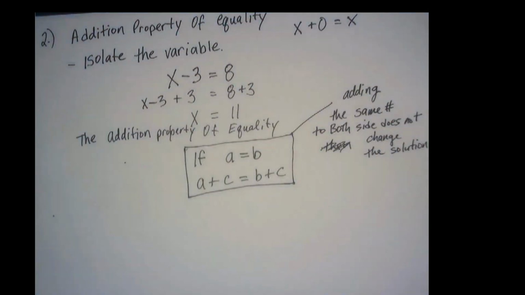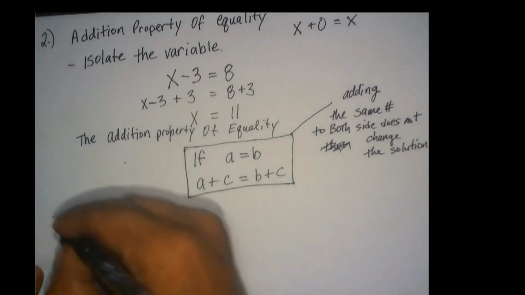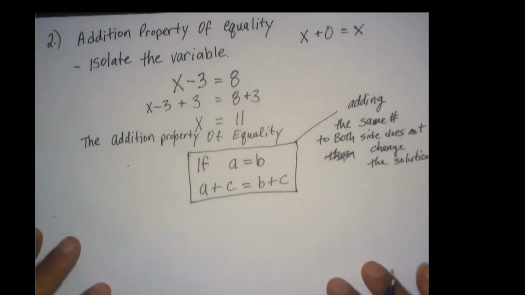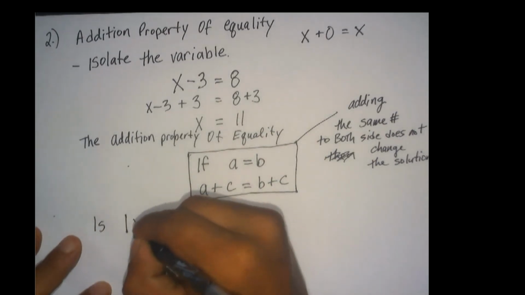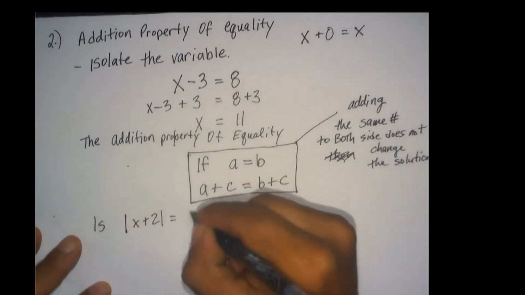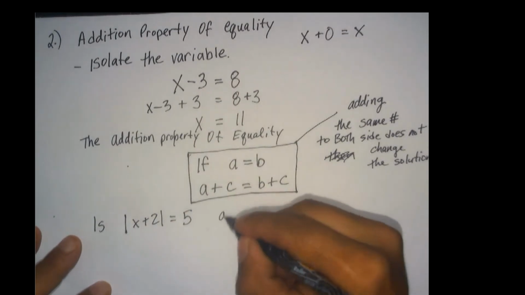My turn, your turn. Okay. I already skipped one. Is this a linear equation? Yes or no? Now, here's a good question. Let me ask this one real quick. Before I start, is the absolute value of x plus 2 equals 5 a linear equation?